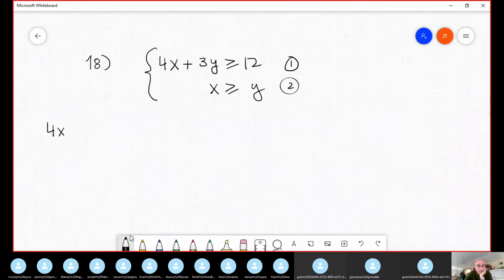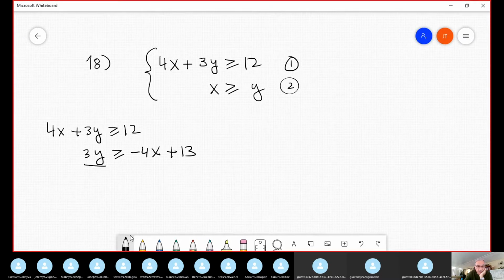I copy again. I move 4x to the right-hand side, minus 4x, divided by 3, everything. This is 12. I don't know why I put 13.